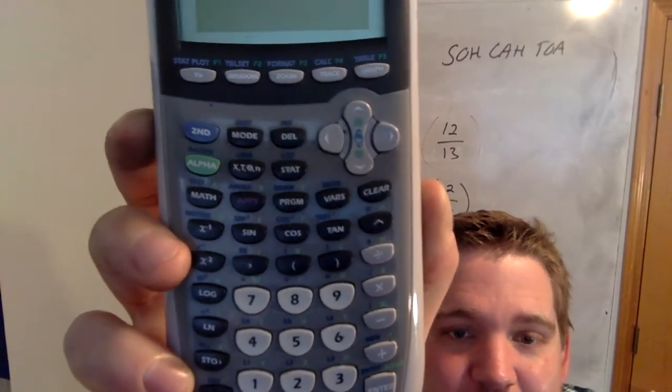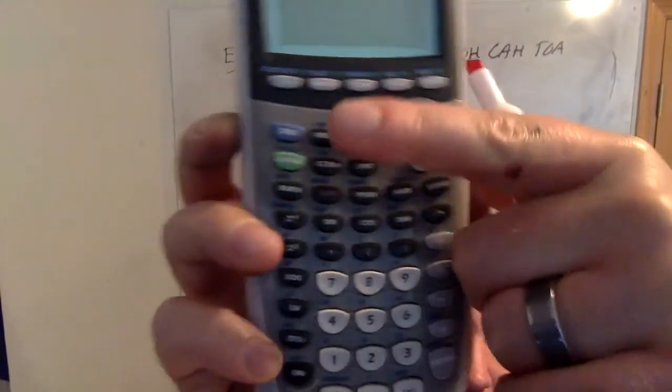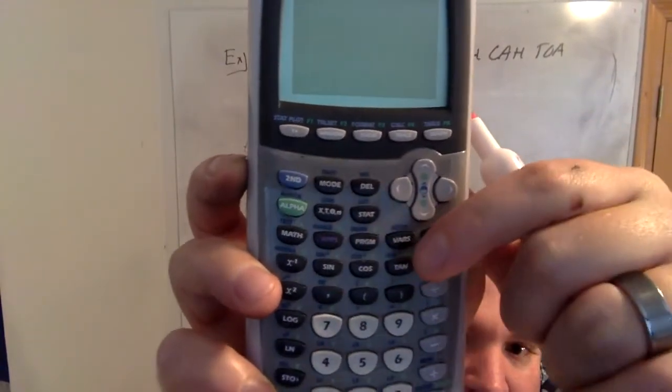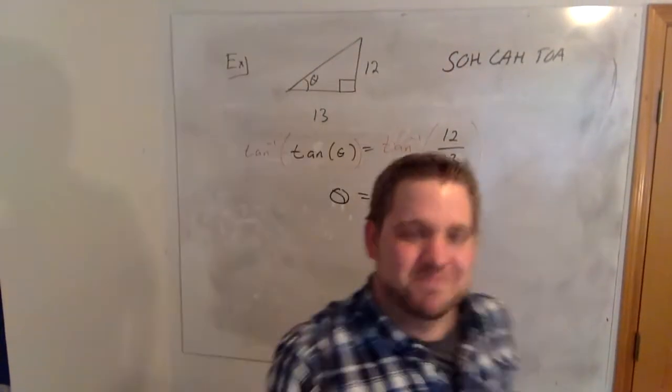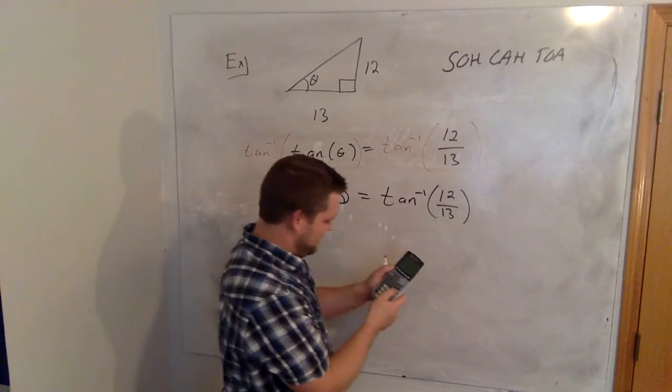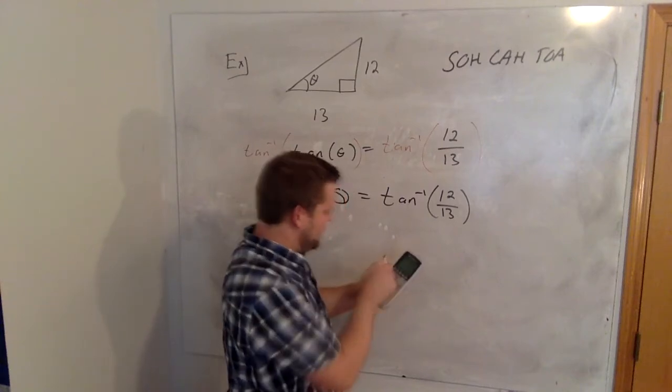We can use those buttons by first hitting the second button and then tan inverse to compute it. So we'll hit tan inverse, type in 12/13, and hit enter.